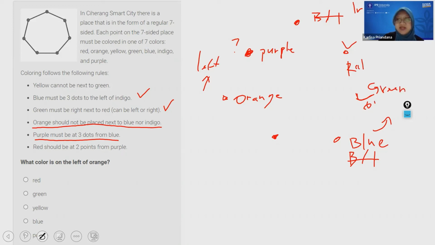This is correct, because previously we could put red and green in any places between the two, but then we know that red is there, green is there, and the left one is only yellow. This is the only color that we haven't decided yet where to put, so yellow must be here. But anyway, without knowing that information, we already know that the color on the left of orange is purple.